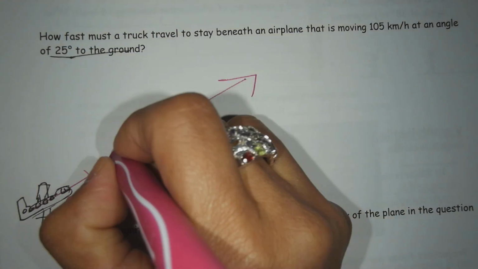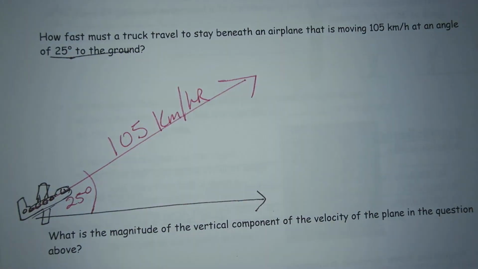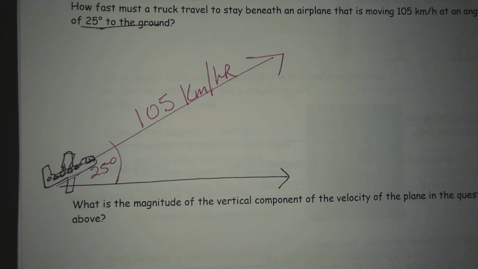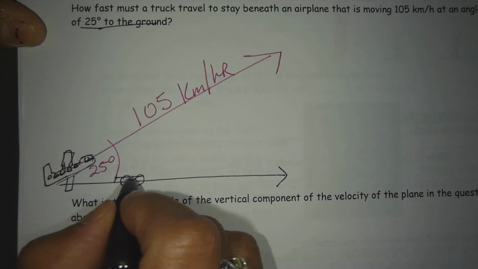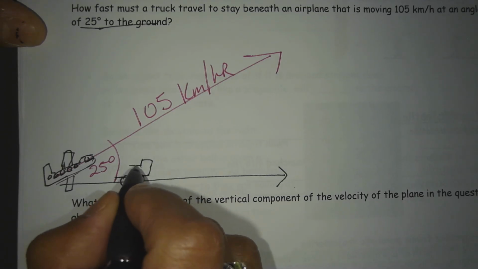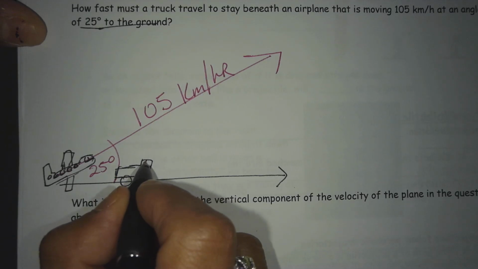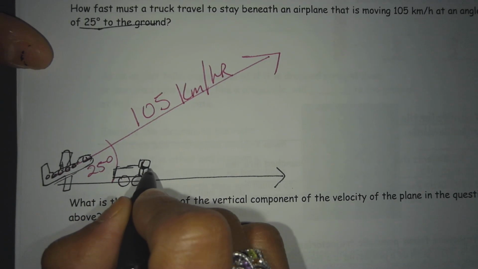This airplane is traveling at 105 kilometers per hour. There's a truck. I don't know, maybe this is like a stunt guy on one of the movies or something. But there's a truck down here, and this truck is trying to travel and drive.